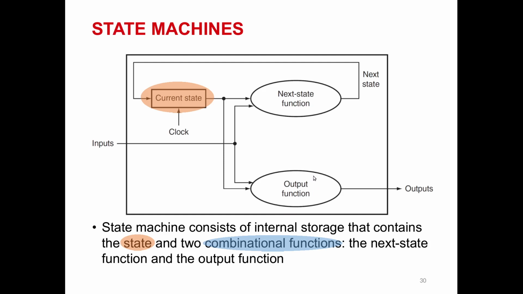The output function is also combinational logic. The next state function receives the current state together with the input to calculate the next state, and then the next state comes back here and returns into the memory, or the register, and is stored there. The output function takes the current state together with the input, and it calculates the output, so the output relies on the current state together with the input.